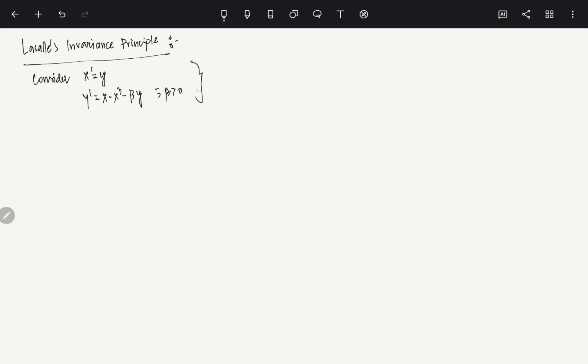Let's call this system 3. This equation is called the Duffing's equation. Please check that these are the equilibriums. There are 3 equilibriums: 0 0, 1 0 and minus 1 0.